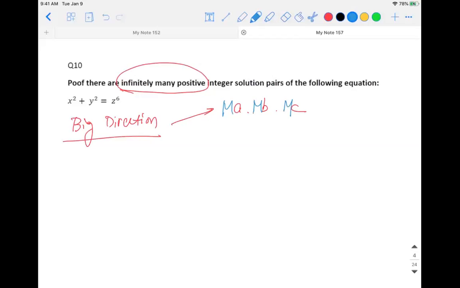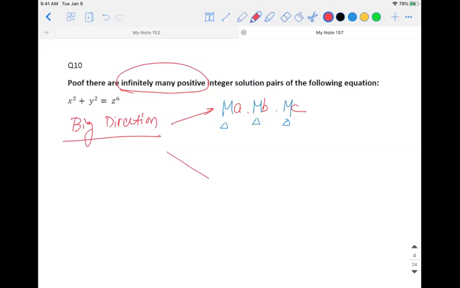Normally speaking, m times A, m times B, m times C will also be a solution. Generally, when you have a set of solutions and you apply a coefficient, most of the time it is still a solution. And you're going to do some magic for this coefficient. Let this coefficient equal some special terms, and when this coefficient changes, all the solution pairs change as well. If you can prove there are infinitely many m coefficients, then you can prove there are infinitely many solution pairs. This is one big direction.